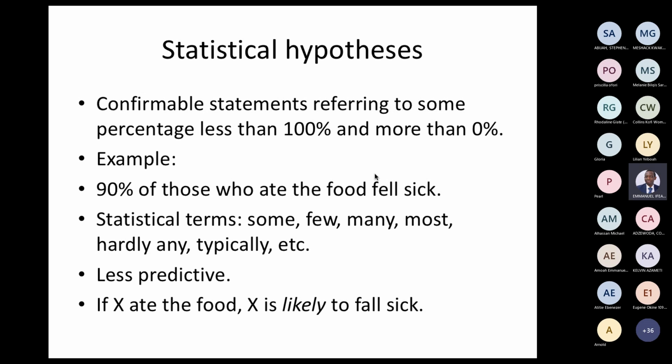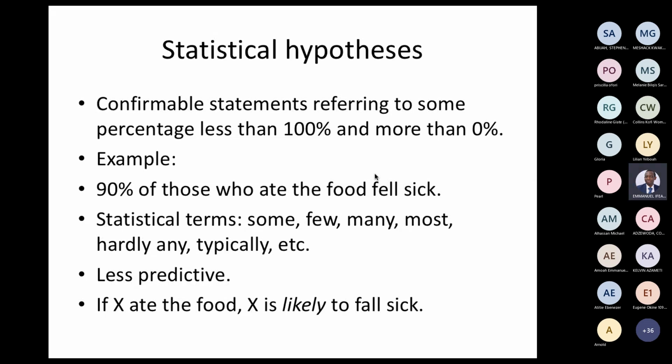Now let's look at statistical hypotheses. Statistical hypotheses are confirmable statements referring to some percentage less than 100% and more than 0%. Example, 90% of those who ate the food fell sick. So that's a statistical hypothesis.